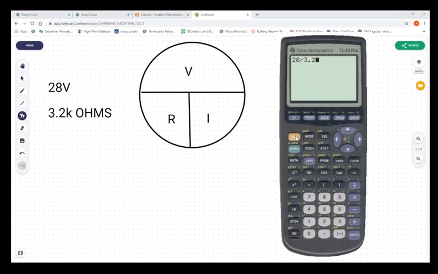I'm going to hit this second function, and come down right above the number 7. It's indicated on our TI-83 with an apostrophe. When you hit that second function, it lets you have access to these guys on top. And that double E right there is telling my TI-83 Plus that I want all of my numbers expressed in engineering mode. So we have 3.2K. So now I have 3.2, and my exponent is going to be 10 to the third power. I know that. So I have 28 volts divided by 3.2 k ohms.